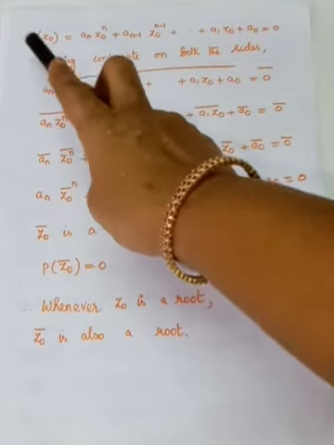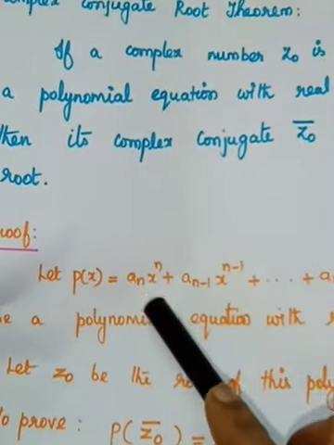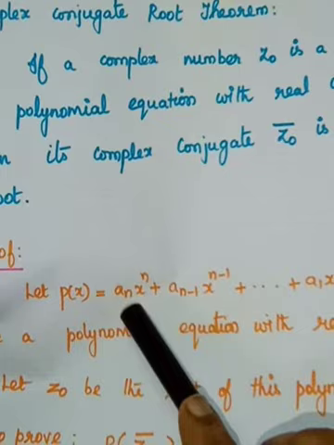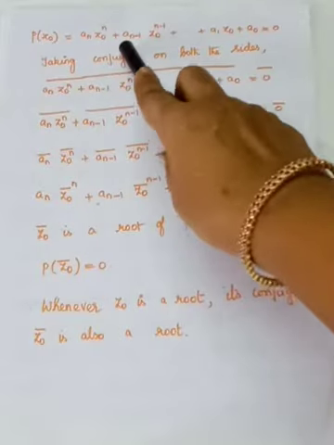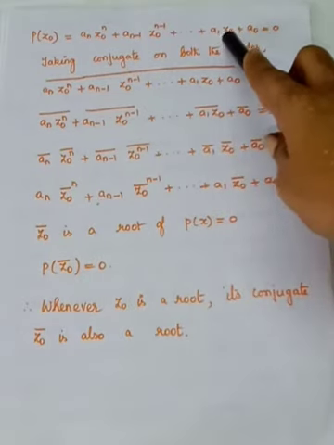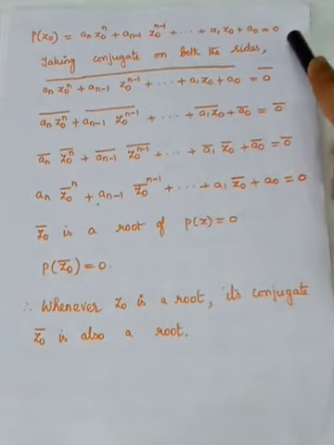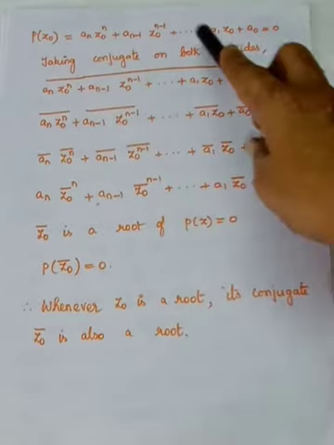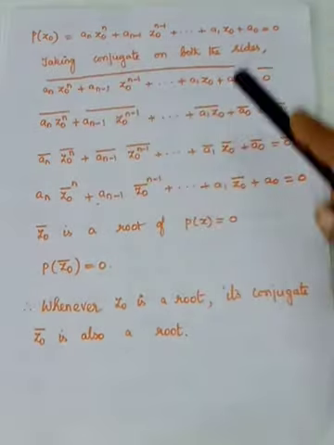Wherever you have x in p of x, you substitute z0. So it is an z0 power n plus an minus 1 z0 power n minus 1 plus etc. a1 z0 plus a naught equals 0, because z0 is a root and satisfies the equation.